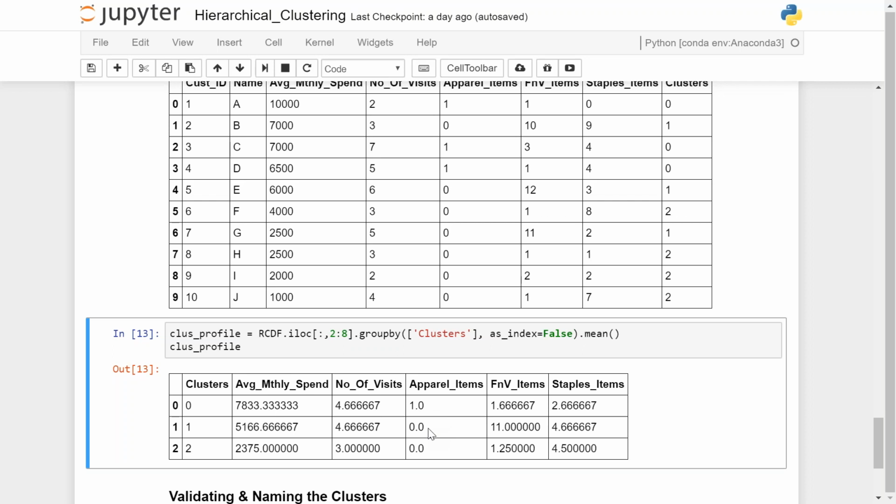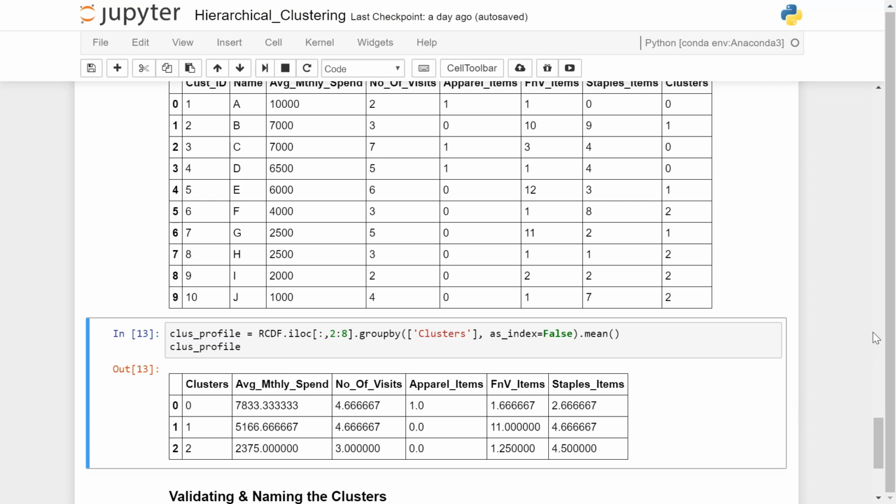Where are cluster 1 people spending? Cluster 1 people are spending more on F&V items, fruits and vegetables. Why is cluster 2 coming fewer times? Because they are not spending more on F&V. F&V items are something we regularly consume, which means a more periodic visit.